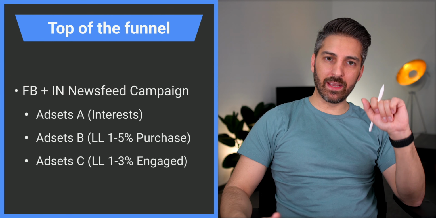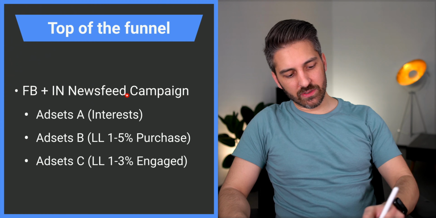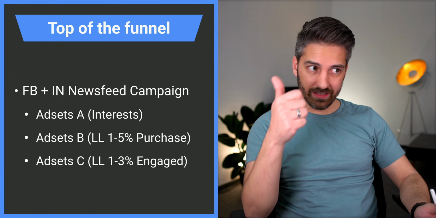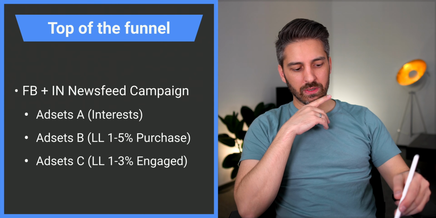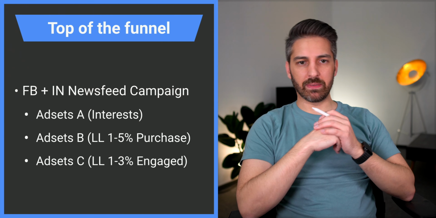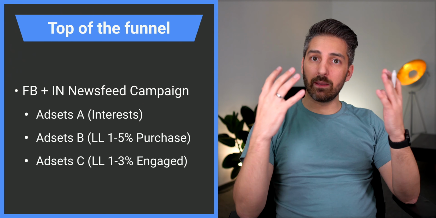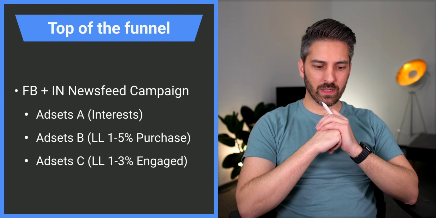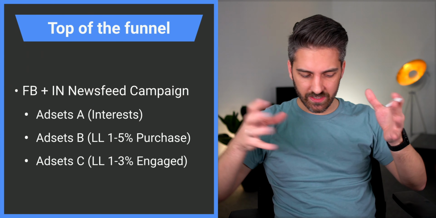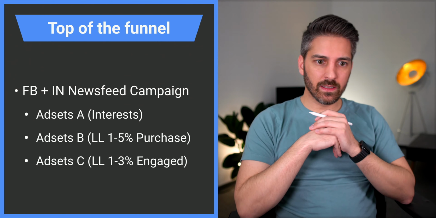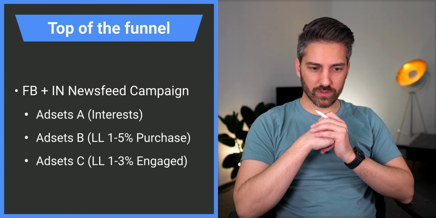How could a campaign on Facebook look like? Let's say we're doing a Facebook and Instagram newsfeed campaign. One campaign, now we got a couple of ad sets below. We could have ad set A being interest-based. Let's take the example of Body IP. It's a sports nutrition online shop that has been an example in the past in the series, and they are selling, for example, protein powder, to enthusiasts, sports people.